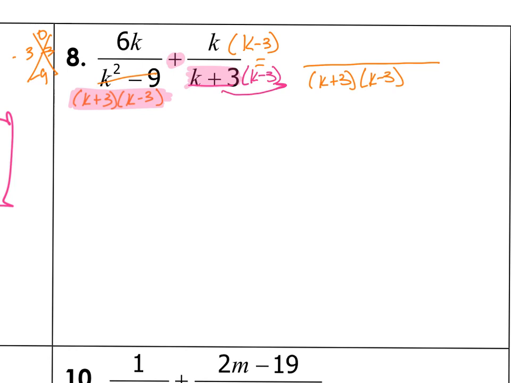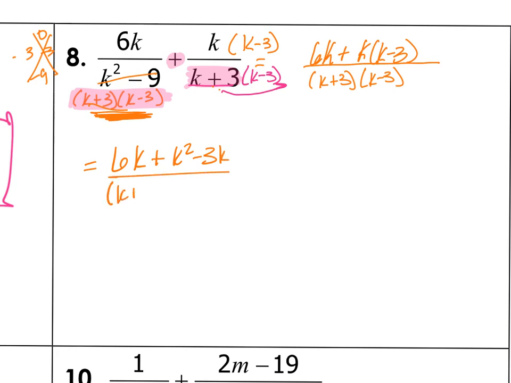So here we go. My common denominator: what I needed to make this one look the same was k minus 3, because I had the k plus 3. This one's the same. I have the common denominator. So this one doesn't change. My numerator doesn't change. It's just 6k plus k times k minus 3. So I'm going to rewrite that over here. I've got 6k plus k squared minus 3k all over k plus 3, k minus 3.